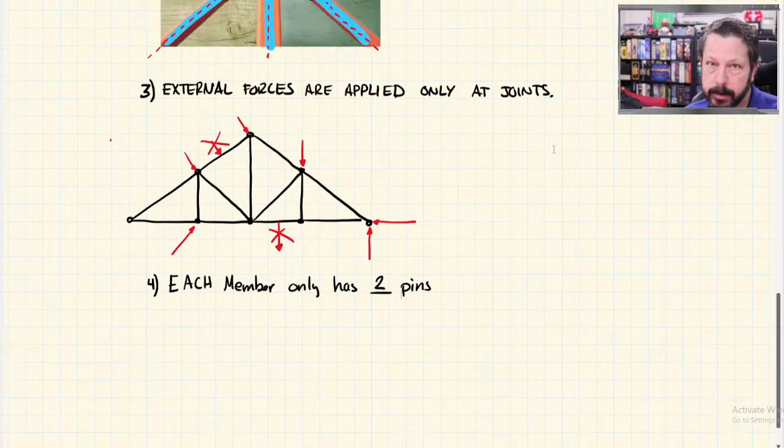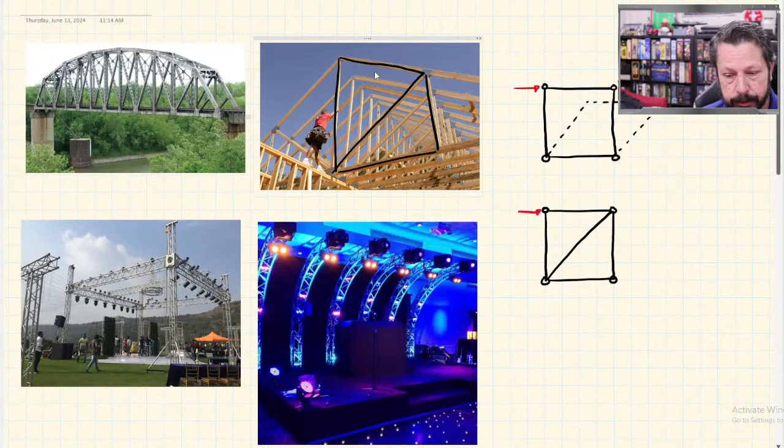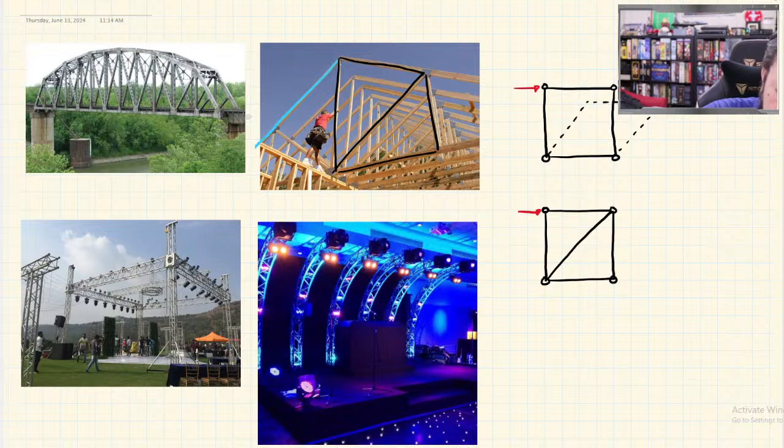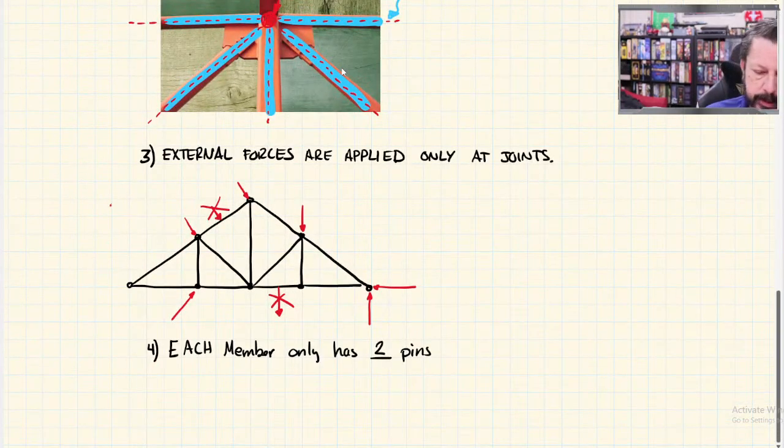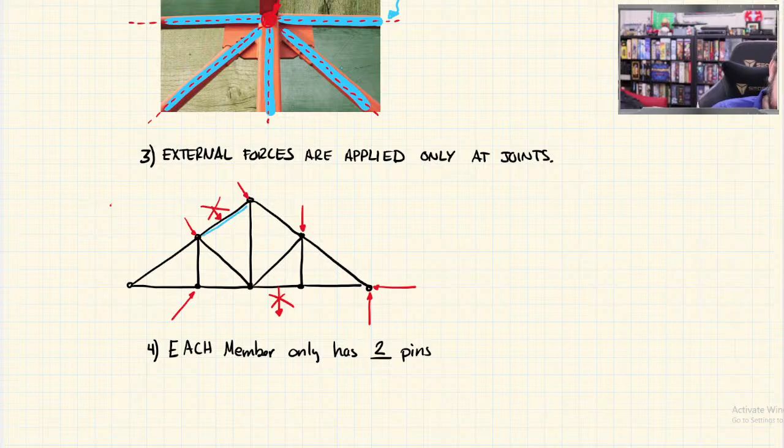So if you look close enough at our actual real world truss here, this piece is probably one big long piece of lumber. But if we go to analyze it, we have to treat it as one piece here and a separate piece over here. Even if in the real world I'm going to build it as one long piece, I have to treat it like 2 separate pieces. And only 2 pins. If I only had 1 pin on it, then it would just kind of hang there, so it's not going to do anything. I guess you could do that, but it's not part of the truss.